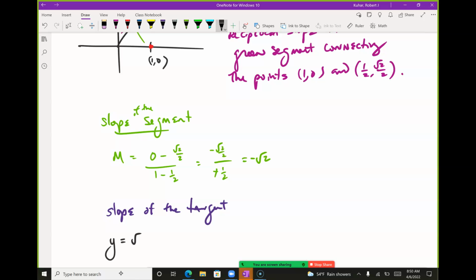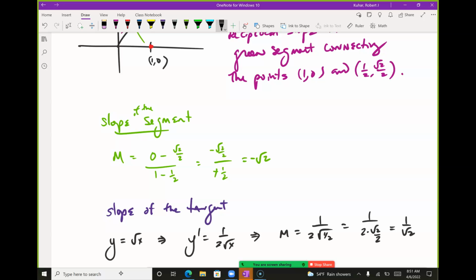So y equals square root of x gives me y prime is 1 over 2 square roots of x. So the slope is going to be 1 over 2 square roots of 1/2. And that's 1 over 2 times square root of 2 over 2, which is 1 over square root of 2.